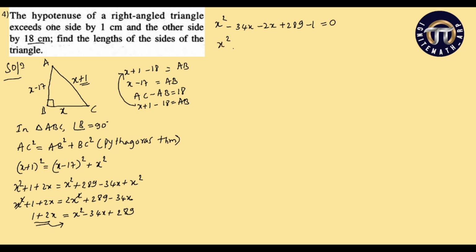So x square minus 36x plus 288 is equal to 0. Clear, children? So now you have to split it and factorize. This is my standard form of quadratic equation.